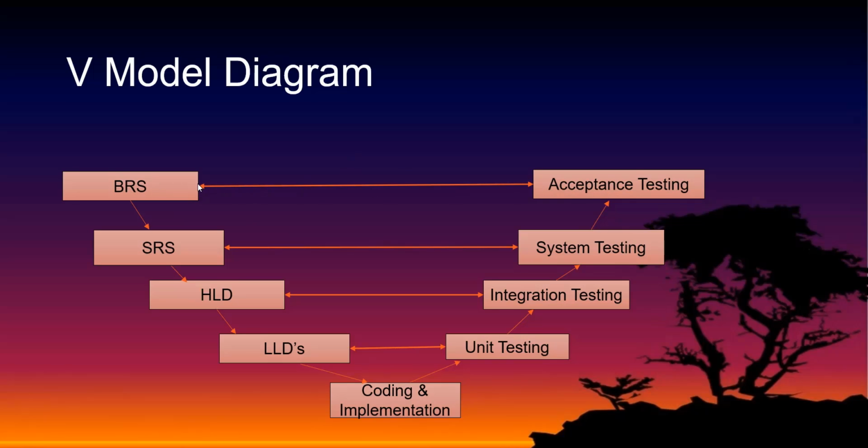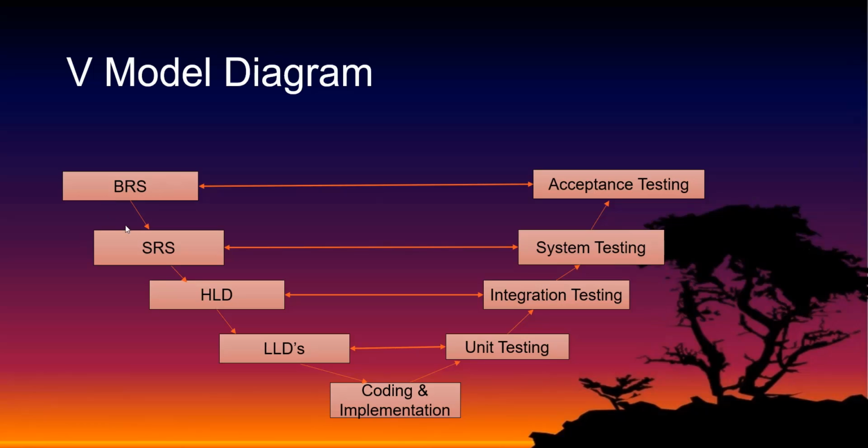When the acceptance test cases are ready, they get them reviewed first by the team, that is the business analyst or project managers. After that they get them reviewed by the client, and the acceptance test cases are ready from the BRS.